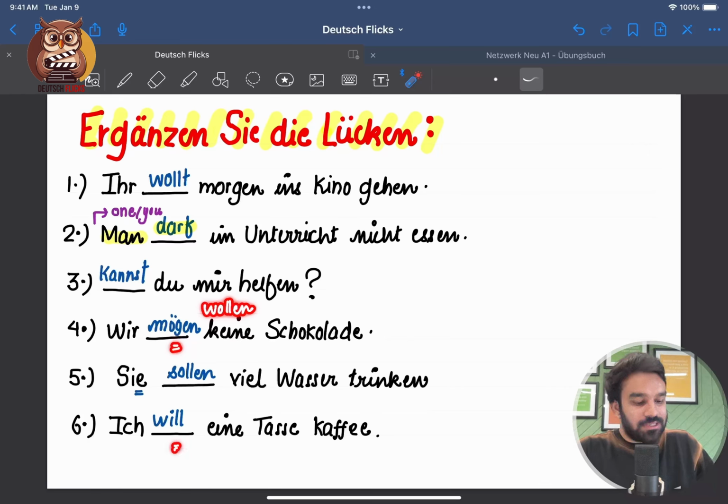And for the 6th one, for example, if you have allocated möchte, that works, because now you're just trying to be polite. You're saying ich möchte eine Tasse Kaffee. I would like a cup of coffee. That's how you're being more polite. Will, as in to want, is something strong. It is stronger than möchten.